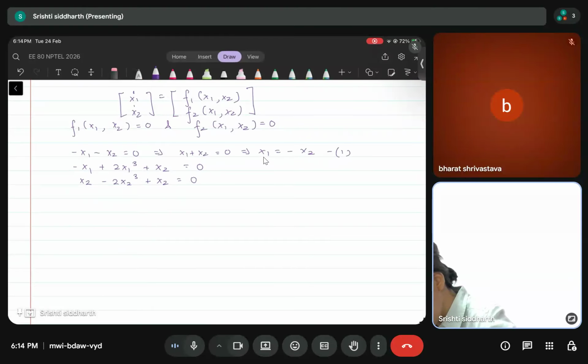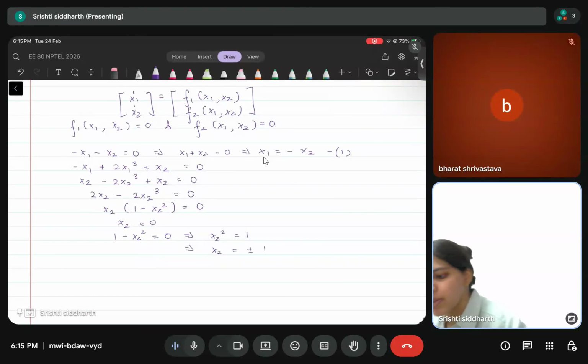This means that we have 2x2 minus 2x2 cubed equals 0, so x2 times 1 minus x2 squared equals 0. The solutions for this equation are x2 equals 0 and 1 minus x2 squared equals 0, which implies that x2 could be plus or minus 1.